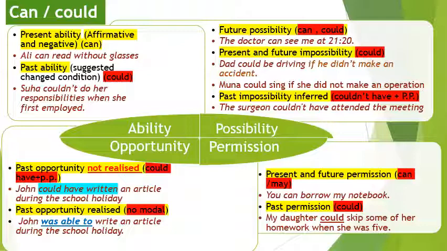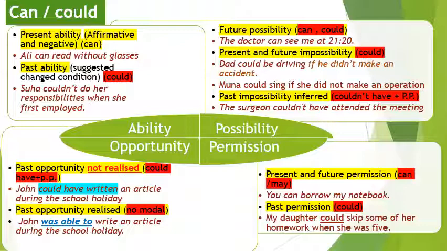However, if you want to talk about your past ability, and of course this can be either in the negative or positive form, you use could instead. Usually this past ability indicates either when you used to have an ability and you don't have it anymore, or when you didn't have the ability and you have it now.